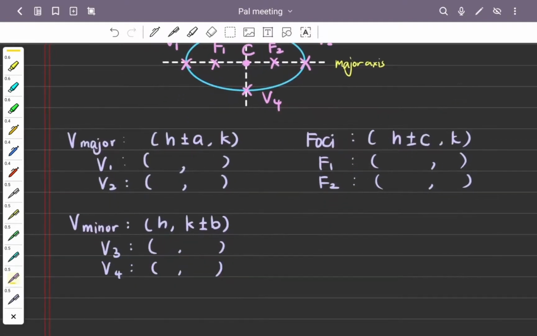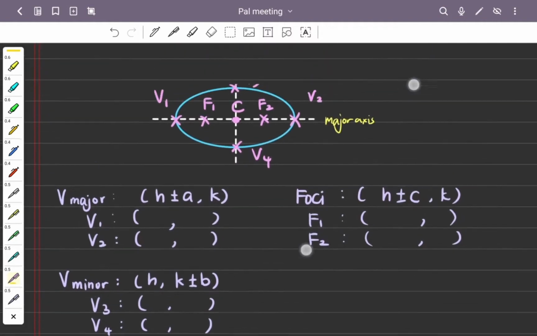Okay, now this is the formula for finding the major vertices, minor vertices, and also the foci. I'm not going to explain the formula in this video, so you can have a revision on this formula first before watching this video, so that you can sketch more smoothly.